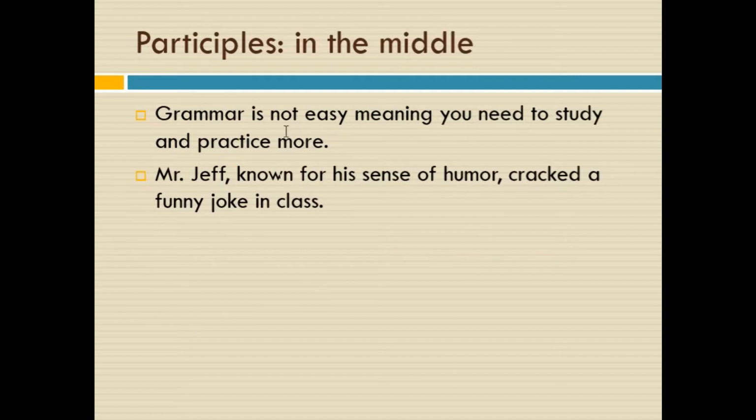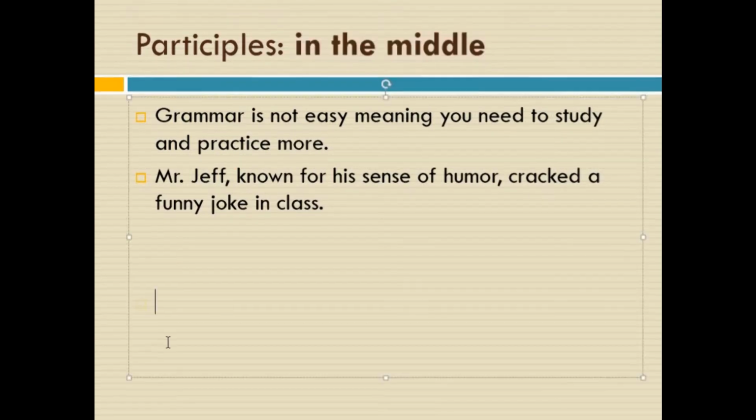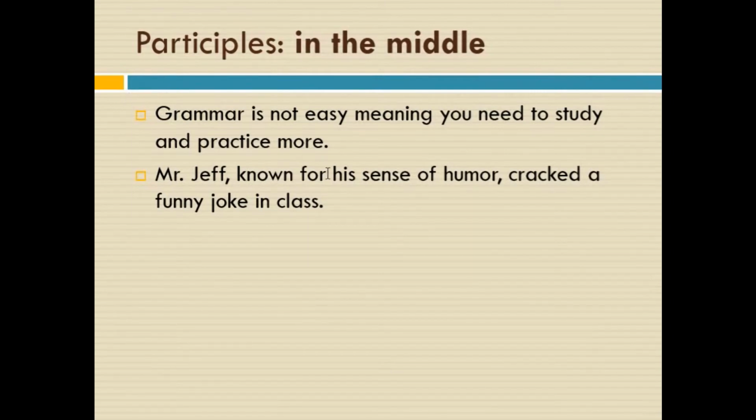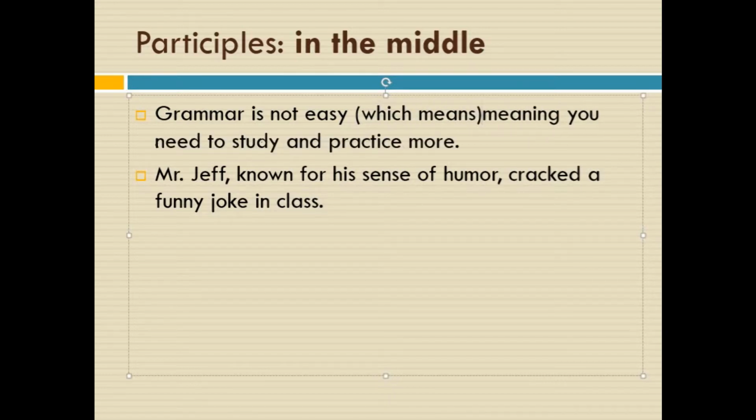My next slide, when it's used in the middle, so not in the beginning anymore. This time it's used in the middle, okay? So I have two examples. The first one says, grammar is not easy, meaning you need to study and practice more, right? Now I'll talk about this when we talk about relative clauses later, but it is used instead of saying which means, okay?